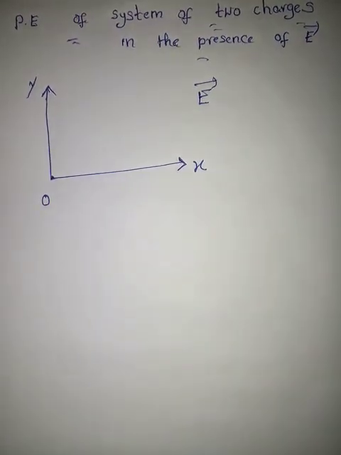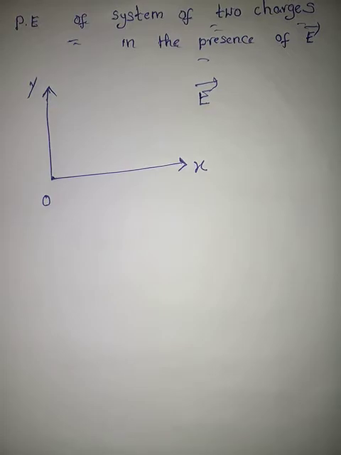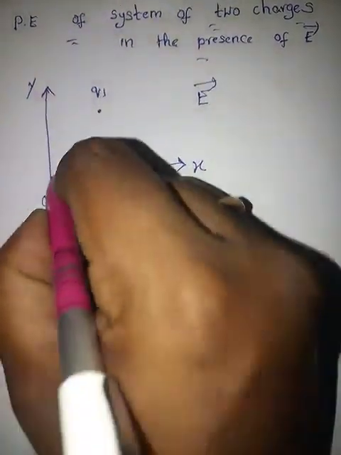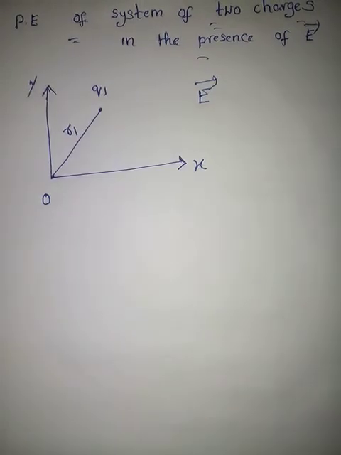Now I want to bring a charge Q1 from infinity to R. What is the work done? We should do work, right? Let us assume that the distance from the origin is R1.